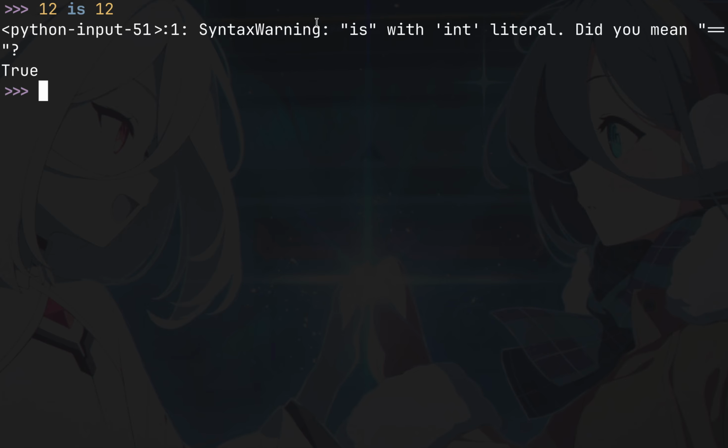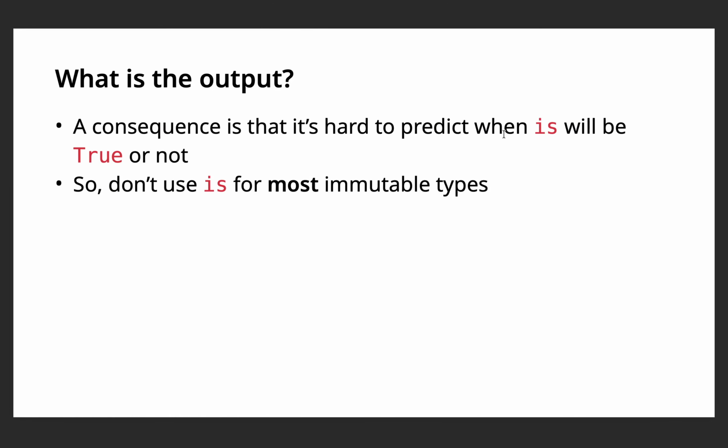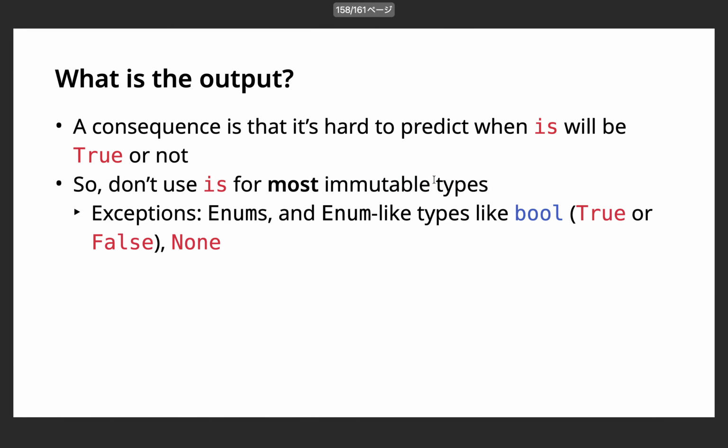It gave us a warning over here. So if you're using an immutable type, just use double equals instead of is. There are a few exceptions here, but for the most part, what you'll usually want to use is double equals instead of is. Okay, so for most immutable types, use the double equals for comparison instead.